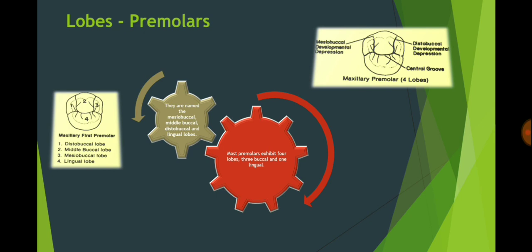So the premolars are almost the same as the anterior teeth lobes: 3 buccal or facial lobes and 1 lingual lobe. They are named the mesiobuccal, the middle buccal, and the distal buccal lobes, as you can see in the pictures above.